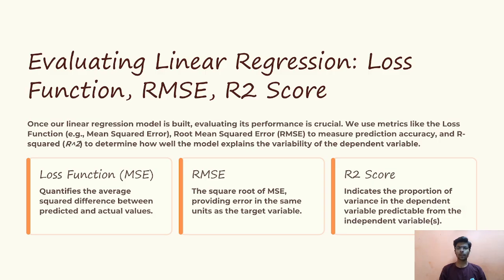The loss function quantifies the average squared difference between predicted and actual values. RMSE, the square root of MSE, provides error in the same unit as the target variable. The R2 score indicates the proportion of variance in the dependent variable predictable from the independent variables.